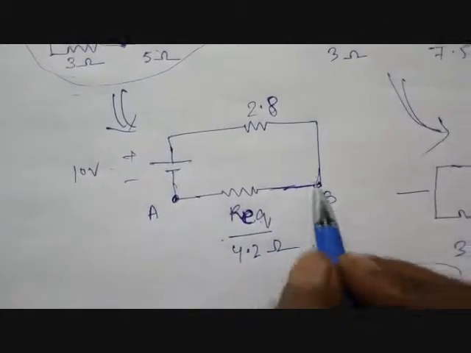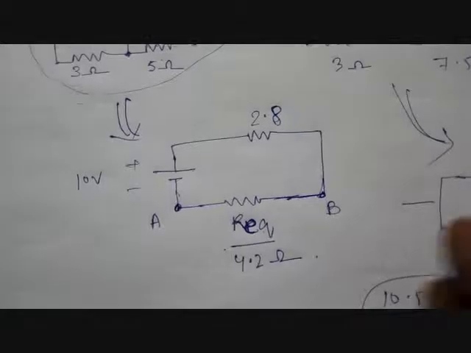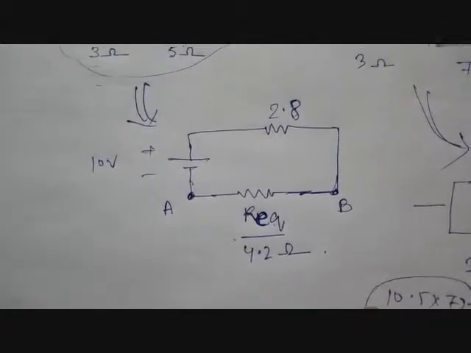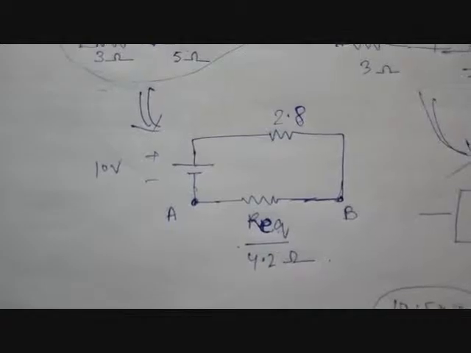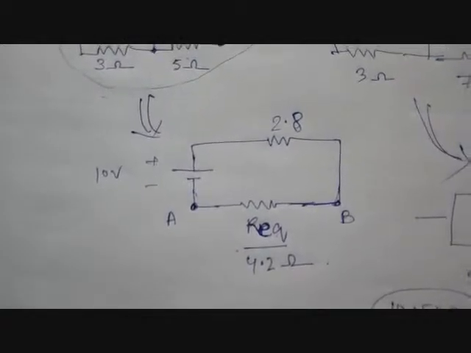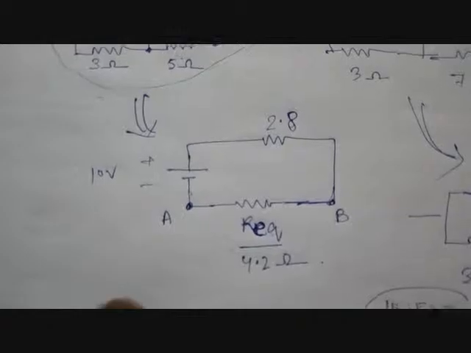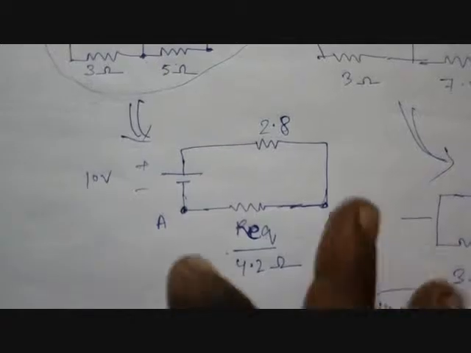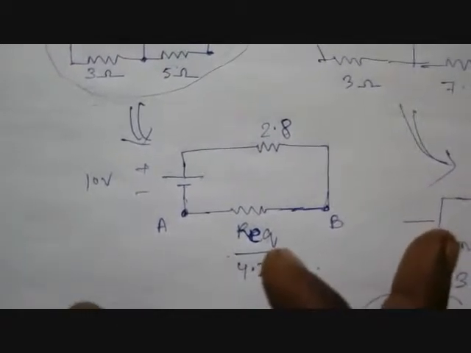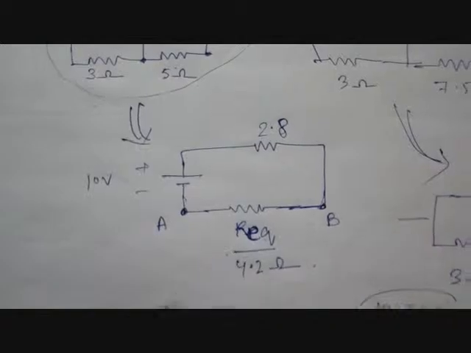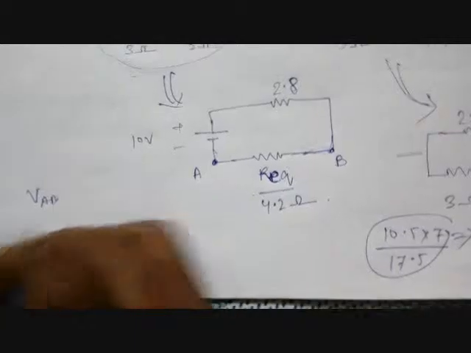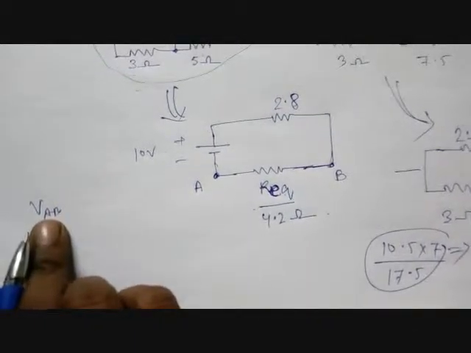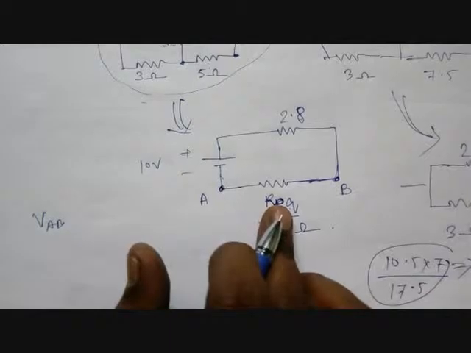Now you can find out the voltage difference between A and B. You can apply Kirchhoff's voltage law, but I'd like to apply the voltage divider rule, which says the voltage across a resistance is the total voltage multiplied by the resistor divided by the total resistance. I repeat, we need to find the voltage across the equivalent resistance.